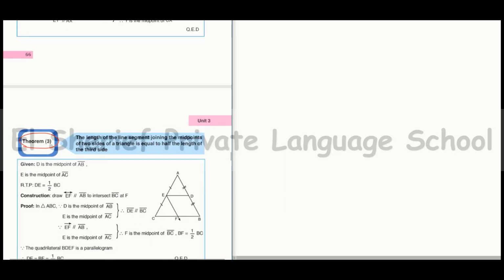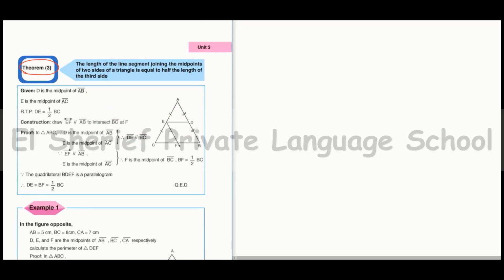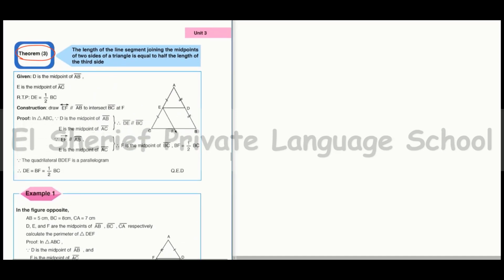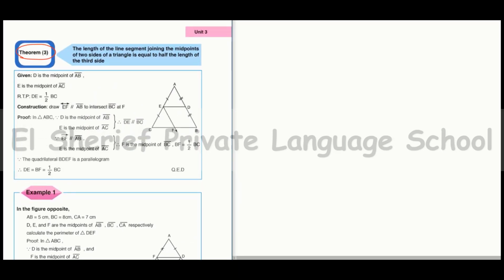Theorem 3. The length of the line segment joining the midpoints of two sides of a triangle is equal to half of the length of the third side.